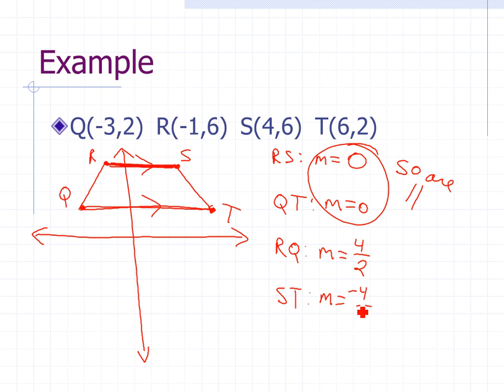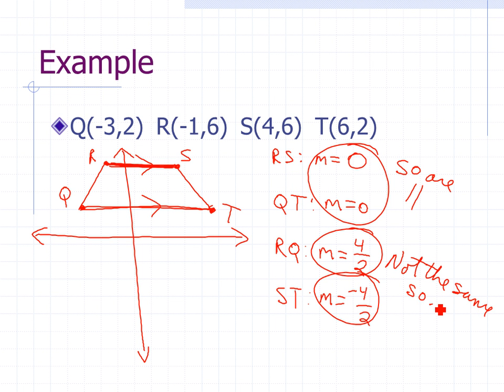From 4 to 6, how much do we go over? Now be careful, are those the same? No, not quite. So you gotta really be careful when you're doing that. Sometimes they'll look like they're the same. Not the same. So those sides are not what? Parallel. So we know it's a trapezoid.